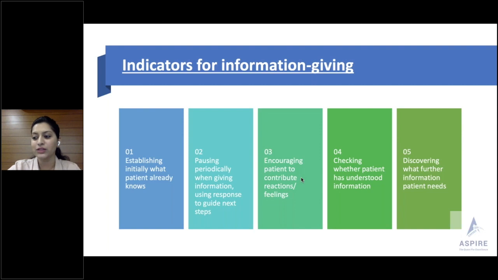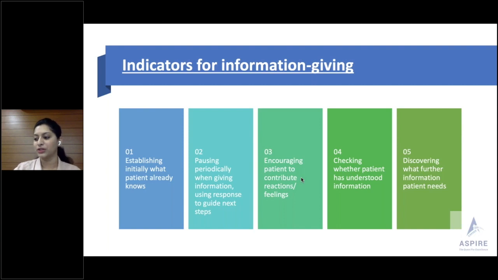A more effective method is to use patient restatement, that is, asking the patient to repeat back to the doctor what has been discussed to ensure that their understanding is the same. That way, you're sure that they have heard you, understand you, and know how to go about this.